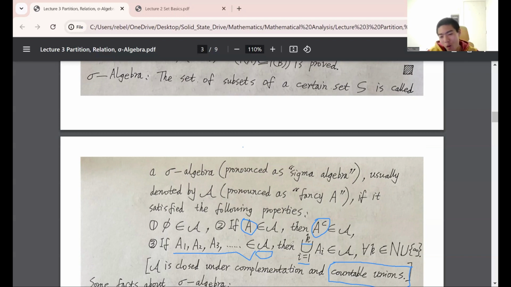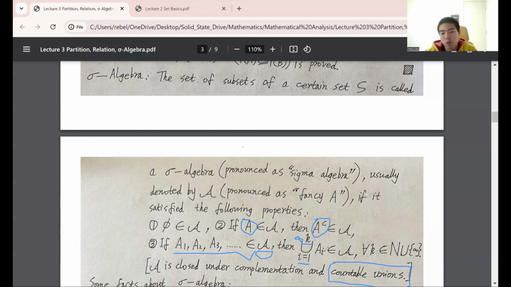and they belong to the sigma algebra, then the union of the A's is also in it. Look here, I don't write infinite, I write K, and K is in the set of natural numbers union with infinite. So if there's A1, A2, A3, A4, we already know they belong to the sigma algebra. You may say i equals 1 to 4 union, definitely it must be.